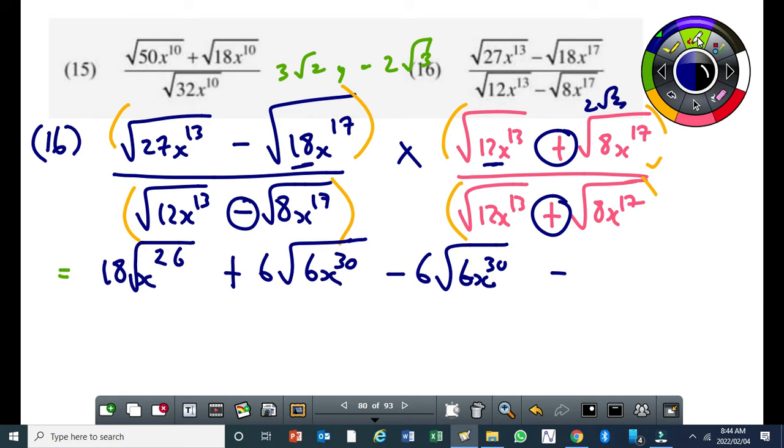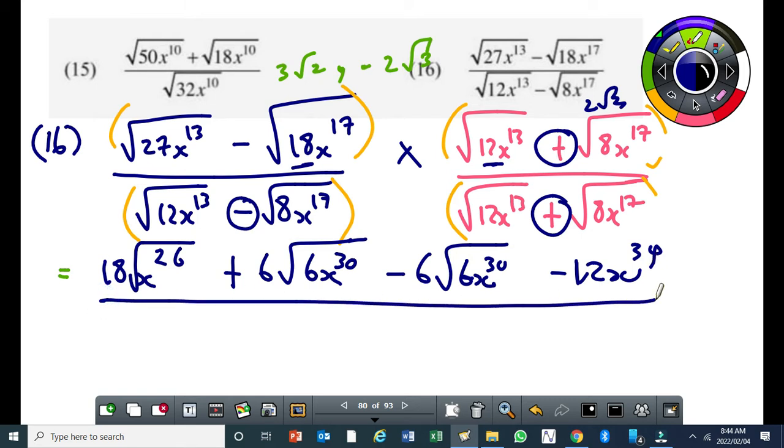Okay, look here. 3 by 2 is 6. 6 by 2, okay, 12. Right, so that will be 12 x to the power of 34. Okay. Right, are we on the same page there? Yes. Okay, I understand.